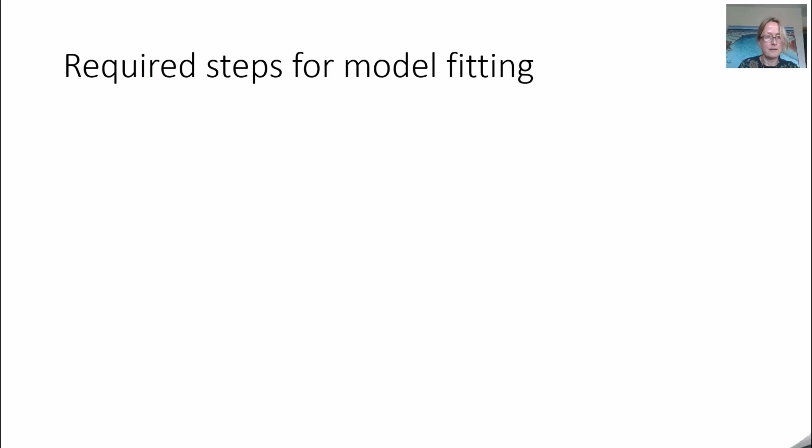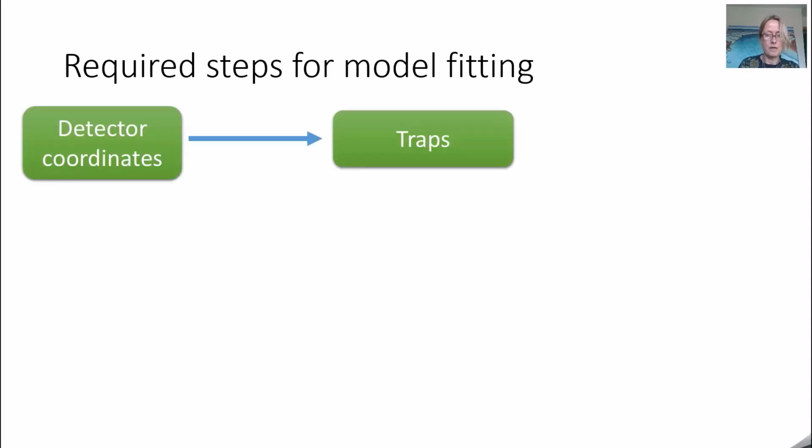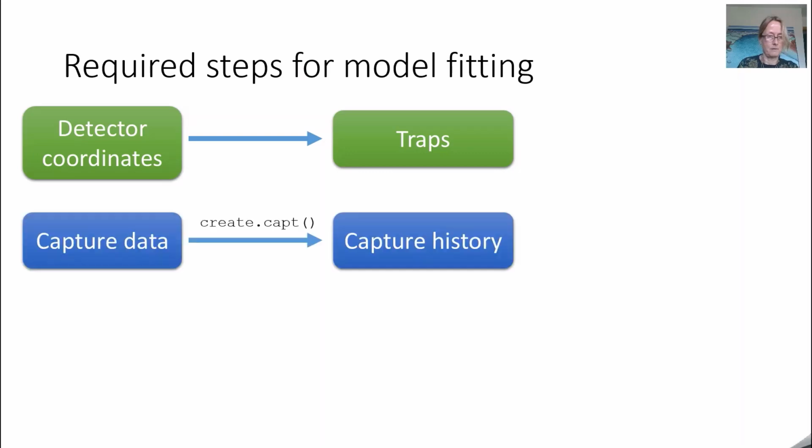So let's have a look and summarize the required steps for model fitting. We need to organize our detector coordinates into a traps object, like D2 from our example. We can use the function create.capt to convert our capture data into a capture history.